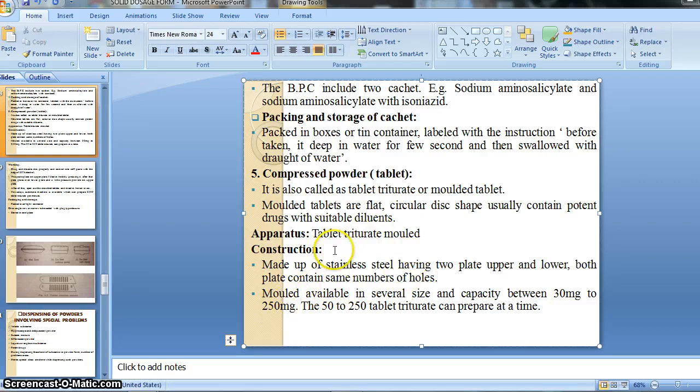Means different models are available in the market, with different sizes and capacities. We can prepare tablet triturates between 30 mg to 250 mg, and at once we can prepare 50 to 250 tablet triturates at a time.